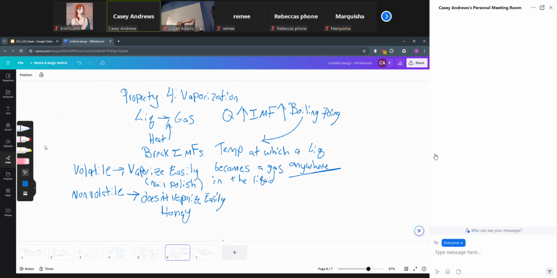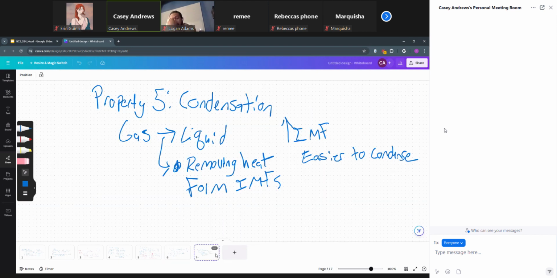Another way to think about this is if the boiling point's high, that means I want to be a liquid. I don't want to be a gas. And so condensation is saying the same thing. It's easier to condense, which means I want to be a liquid. I don't want to be a gas.